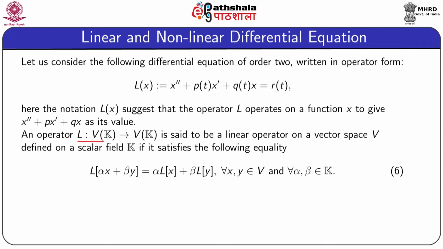An operator L from V to V is said to be a linear operator on a vector space V defined over a scalar field k if it satisfies the following equality: L(αx + βy) = αLx + βLy for all x, y belonging to V and for all α, β belonging to k.